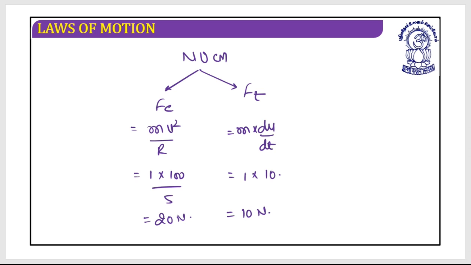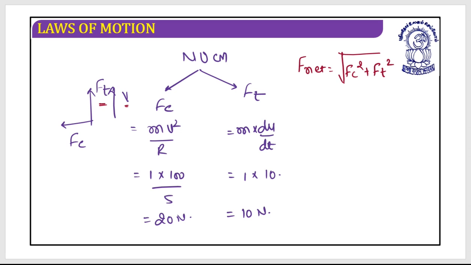Now F_c is acting in this direction, F_t is acting in this direction, my velocity was in this direction. I understood this because I know that the speed is increasing, and as speed is increasing, F net could be written as root of F_c square plus F_t square, and this could be equal to 20 square, which is 400, plus 10 square, which is 100.